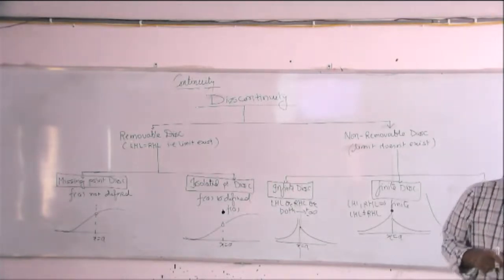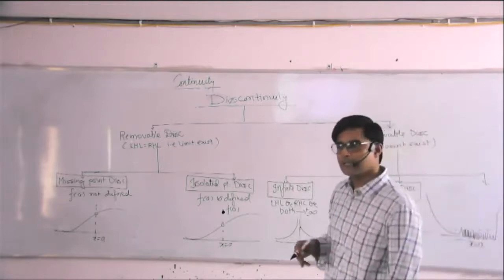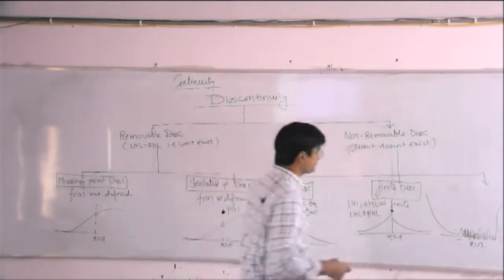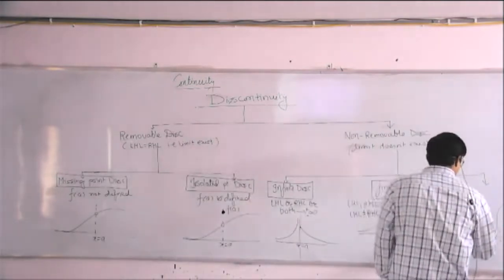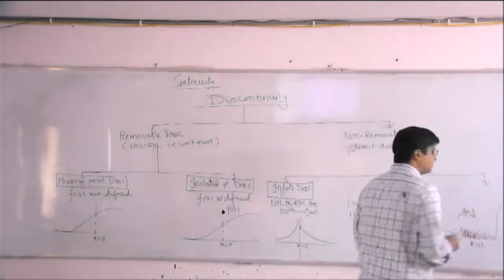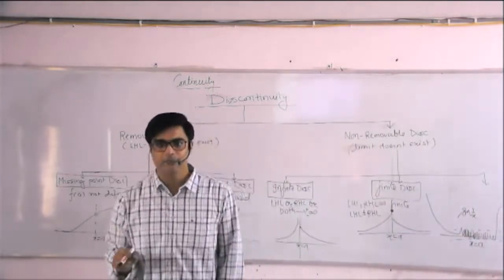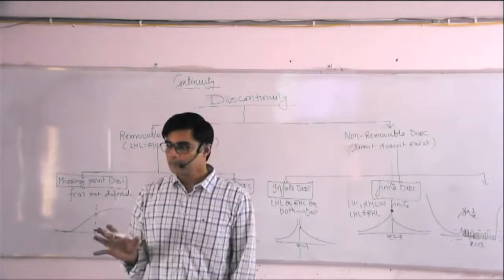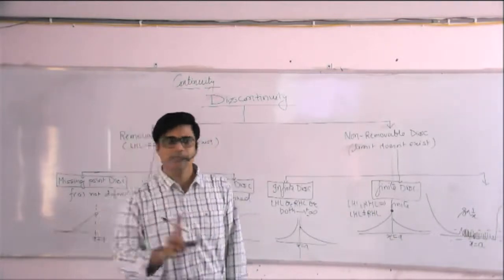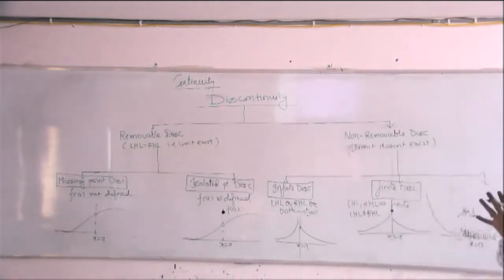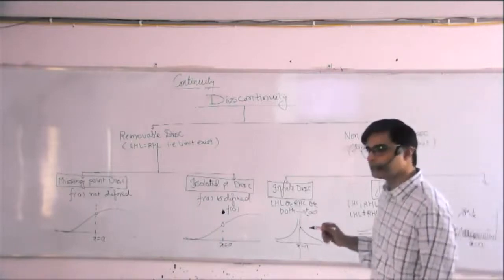Sine 1 by x as x tends to 0. Then the input in the sine is what? Infinity. We already know the output of the sine function is always between minus 1 to plus 1.